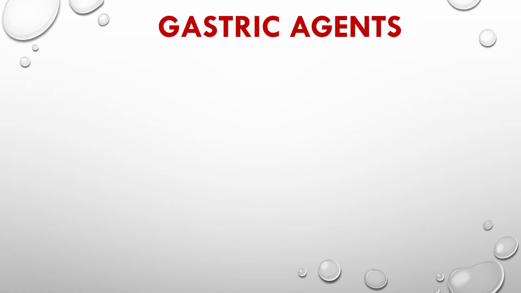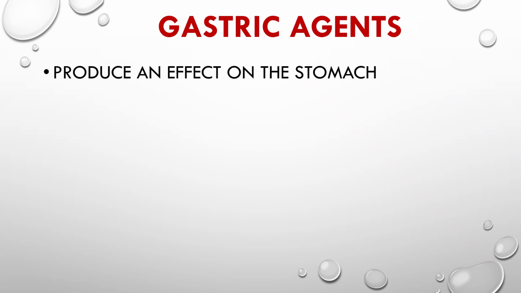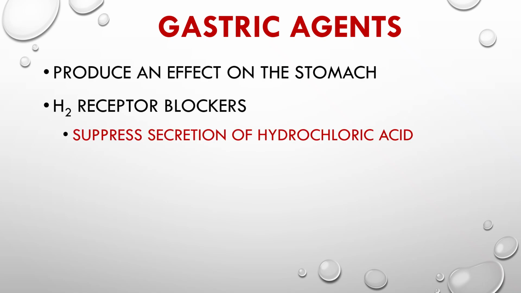Now, kind of staying in the stomach, we have gastric agents. These are going to have an effect on the stomach. So things like H2 receptor blockers, and this is histamine. Usually when we think about histamine, we're thinking about an allergic reaction, which is true, but those are H1 receptors. H2 receptors are in the stomach, and they increase acid production.